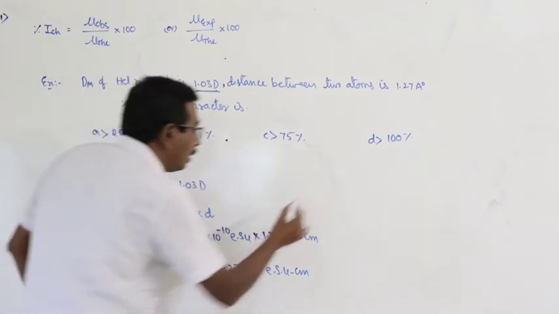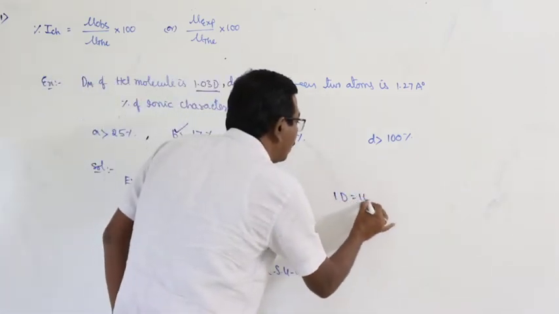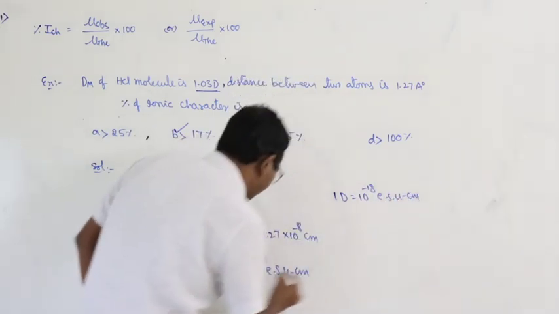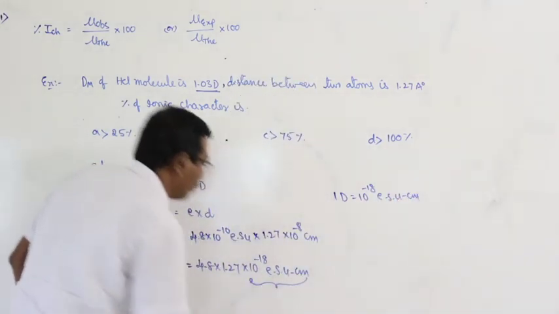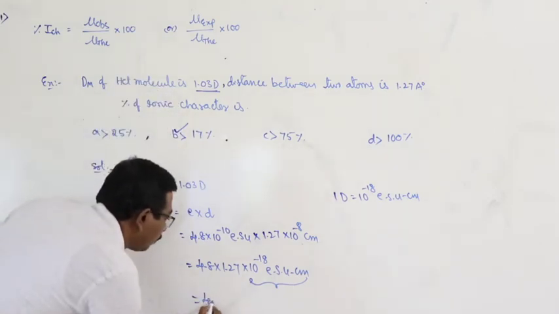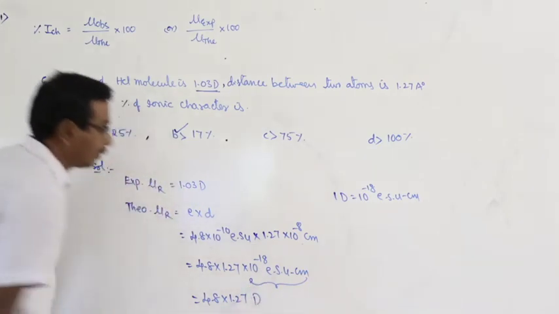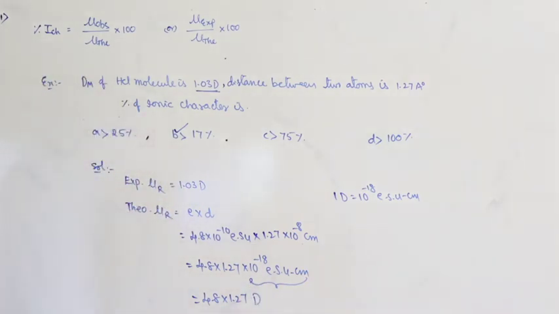We know that 1 Debye is equal to 10 to the power of minus 18 ESU centimeter. This one. That is equal to 4.8 into 1.27 Debye. Theoretical.